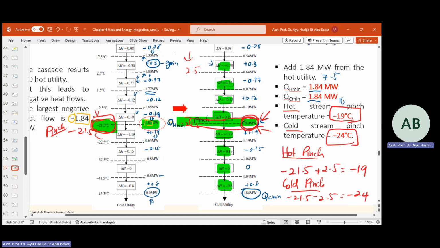That is your pinch point. Hot pinch, add up delta T min over 2. In this case, delta T min is 5, so that's why I add 2.5. Cold pinch, minus delta T min over 2.